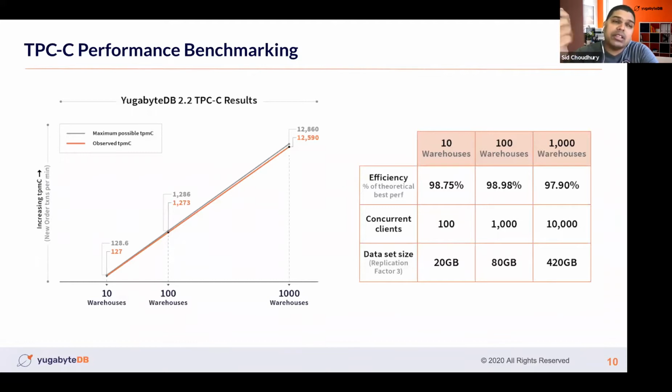Like, for example, TPCC is a classic retail relational workload benchmark, and we have made significant progress between the 2.1 release and the 2.2 release, where you can see that for 10 warehouses, 100 warehouses, and 1,000 warehouses, we are almost close to the theoretical efficiency that the TPCC benchmark can achieve, and that too across potentially thousands of concurrent clients.